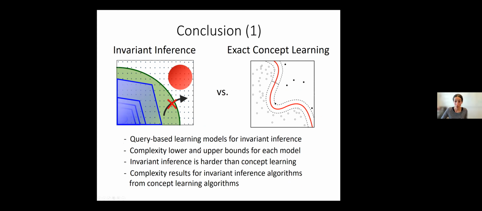We developed some complexity lower and upper bounds for each of the models and showed basically that there is a gap between them. We also showed by these complexity bounds that invariant inference in general is harder than exact concept learning from queries. But we also showed that under certain conditions, we can implement learning algorithms as invariant inference algorithms and also get the same complexity results.